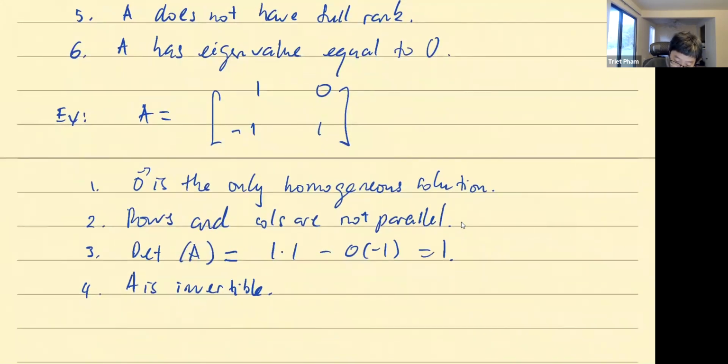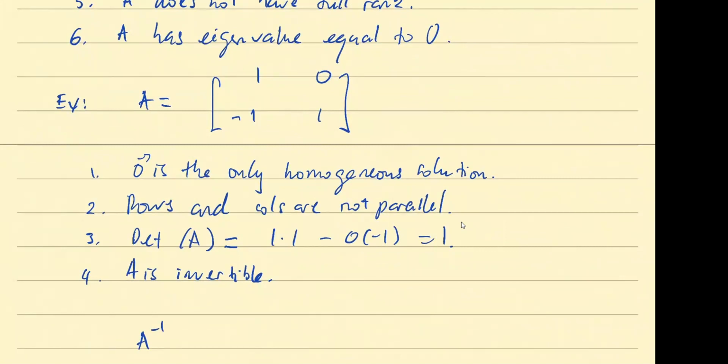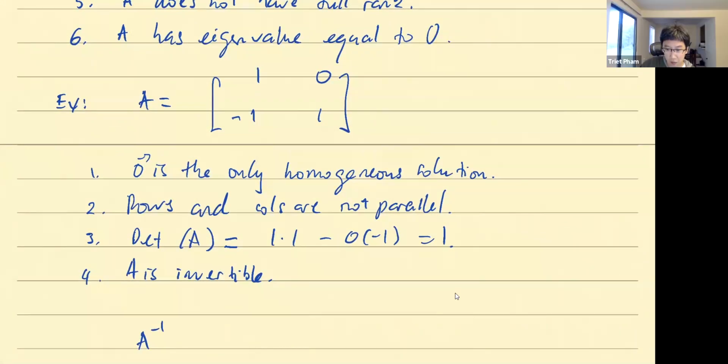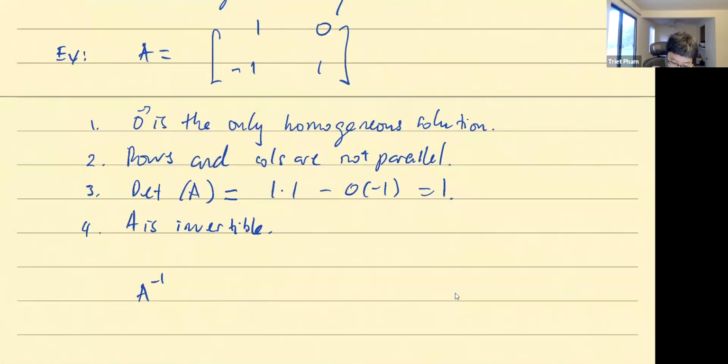A is invertible. What is A inverse? Not sure how often we'll pull the inverse in this class. 2 by 2 has a much easier formulation. A is a, b, c, d.